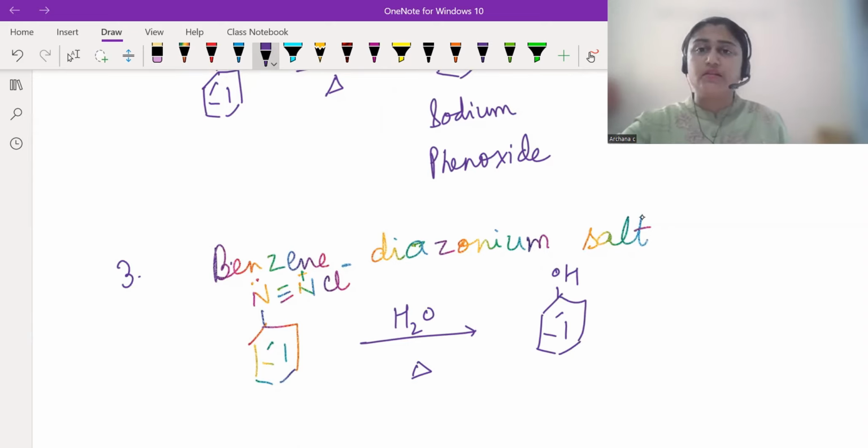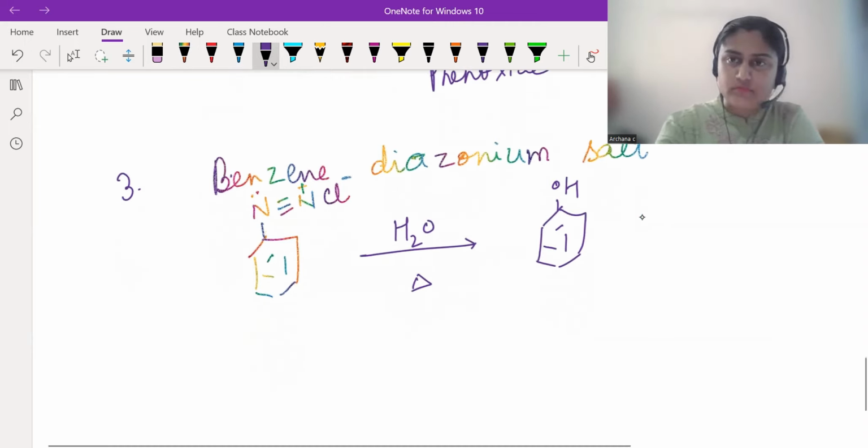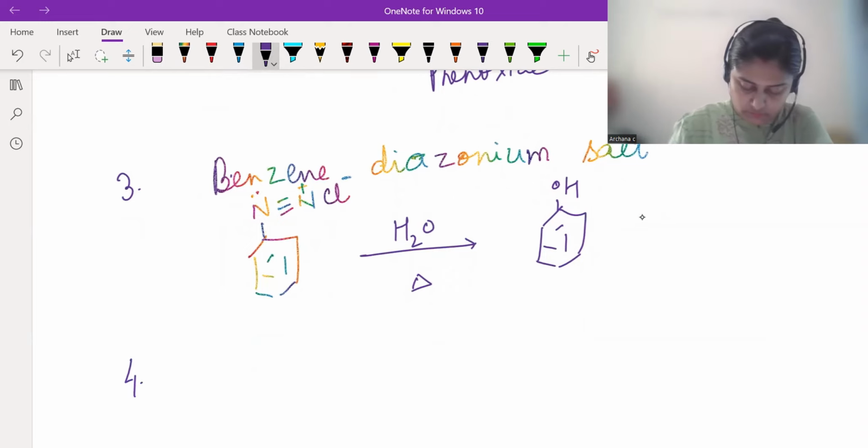The next is a very, very important, commercially important synthesis of phenol. It happens that the starting material of this particular synthesis is cumene, which is nothing but isopropyl benzene.